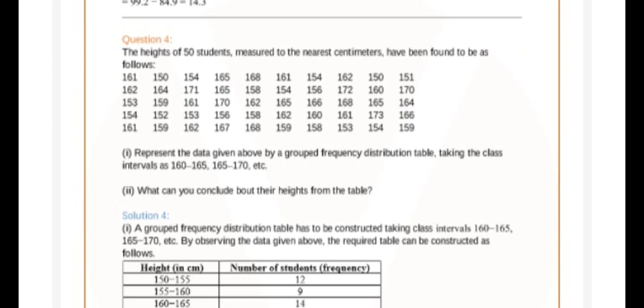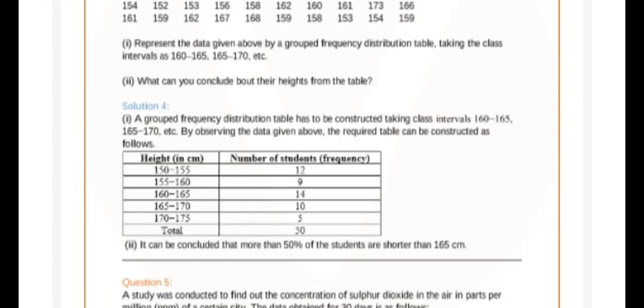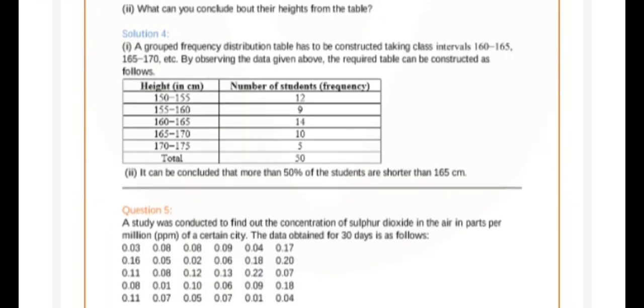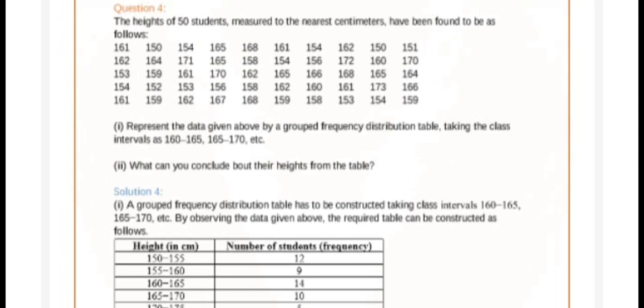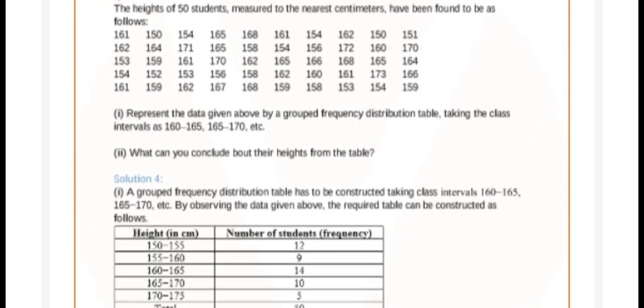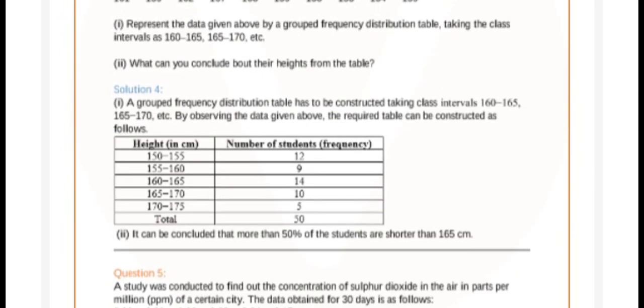Next, they have given the heights of 50 students measured to the nearest centimeter. We have to represent the data given above in a frequency distribution table, and also say what you can conclude about their heights from the table. So like this we have to make the frequency table for their heights from 160 in steps of 5 centimeters.